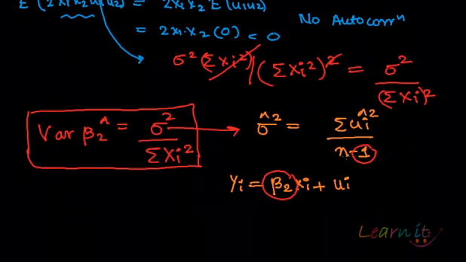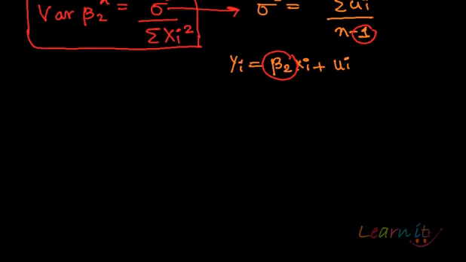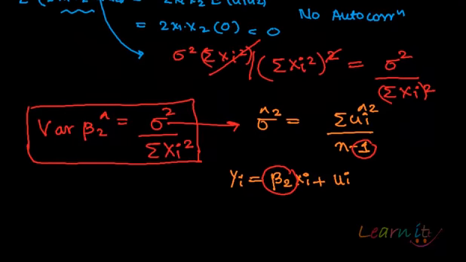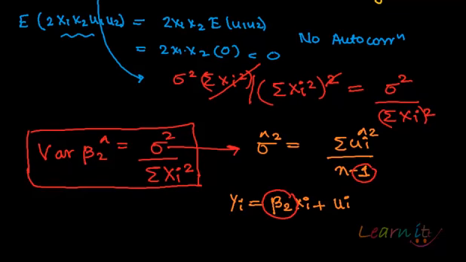And we have n minus 1 instead of n minus 2, because we have just one parameter to be estimated. And apart from that, you have two other results which are important. Let me just do that in a different recording.